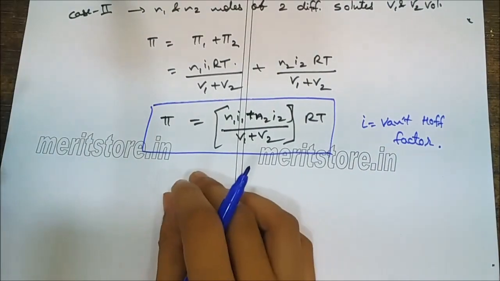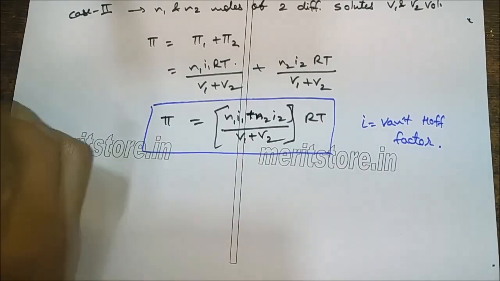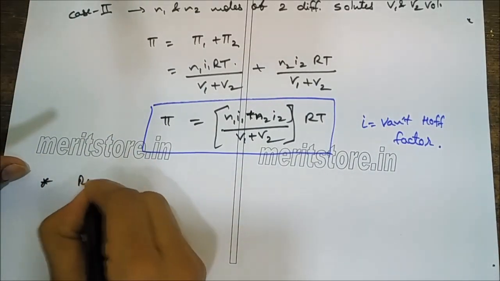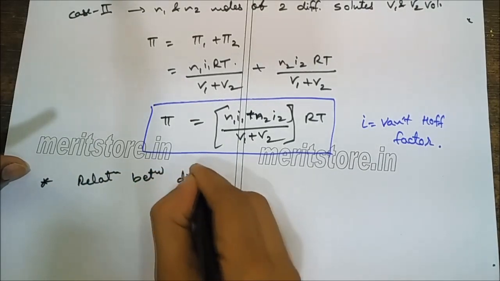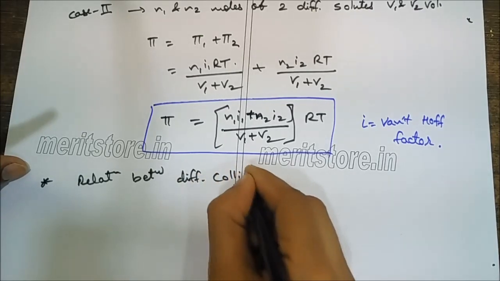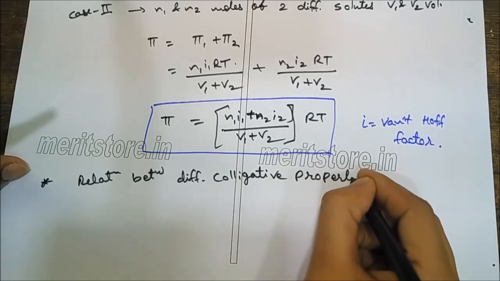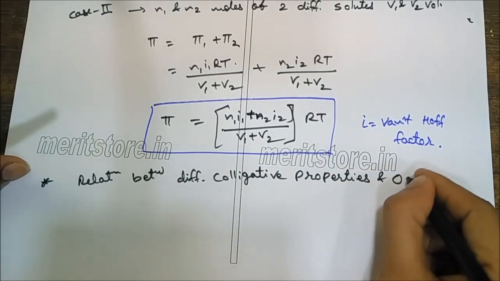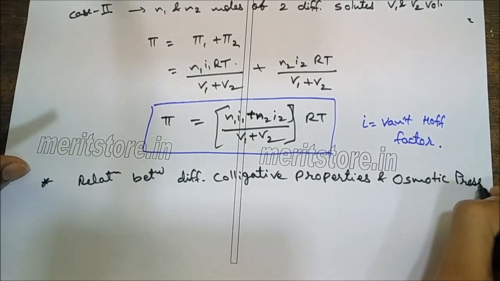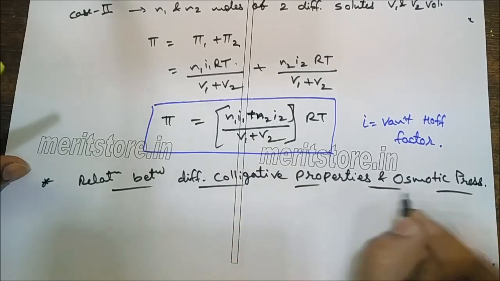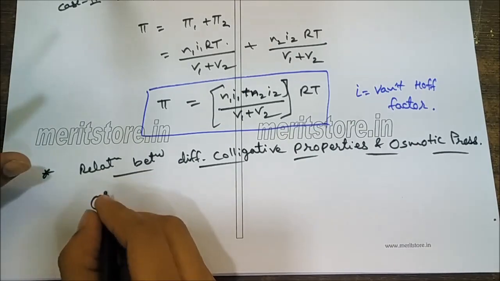Now, what is the relation between different colligative properties and osmotic pressure? First is the relation with the lowering of vapor pressure.